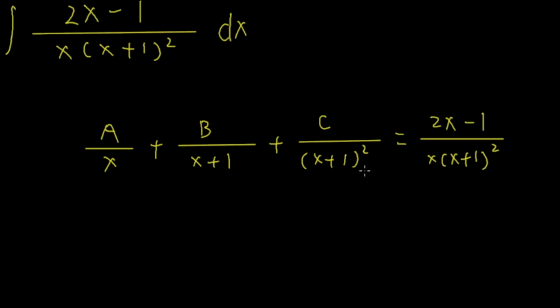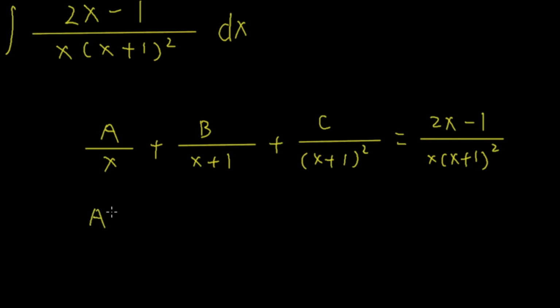The first thing we should do is find the common denominator so we can group all these terms together. And I would say we should make the common denominator equal to the denominator in the original fraction here. So to change this one to this, we have to multiply the top and the bottom by x plus 1 all squared.